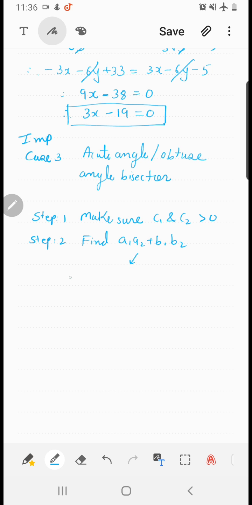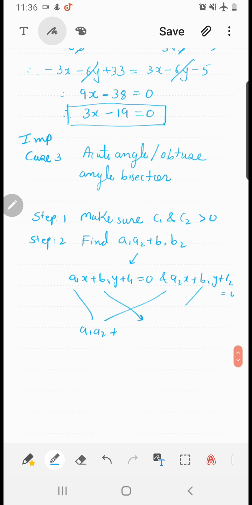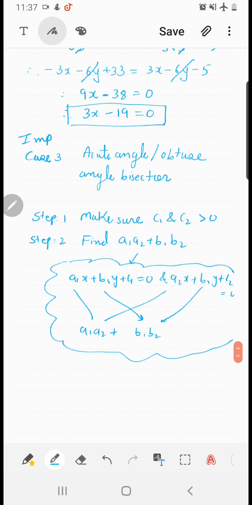Okay, if you recall, A1x plus B1y plus C1 equal to 0 and A2x plus B2y plus C2 is equal to 0. This is A1 A2 plus we are going to find B1 B2. So don't say where is A1 and where is A2 and B1 B2.